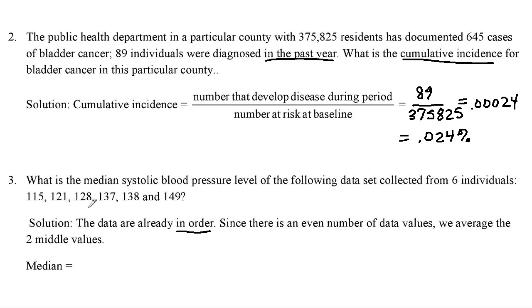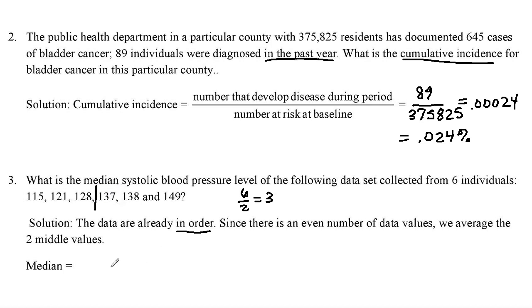So that means that there's going to be 2 middle values, because if you take 6 and you divide it by 2, you get 3. So if you count up 1, 2, 3 from the bottom, there's middle, 1, 2, 3 down from the top. So the middle is between 128 and 137. So there's 2 middles here, actually.